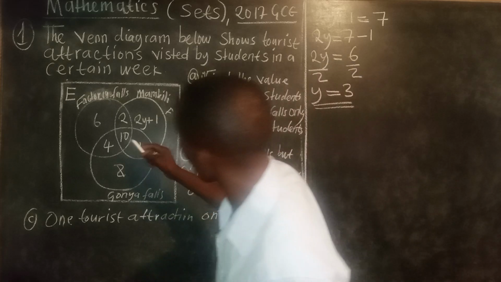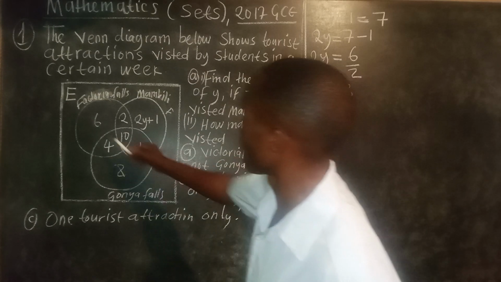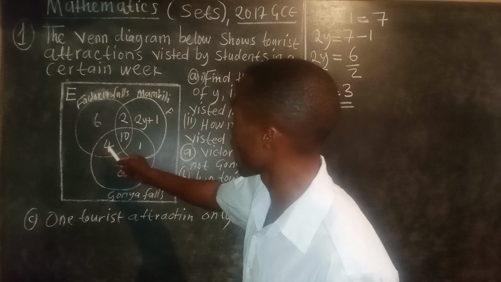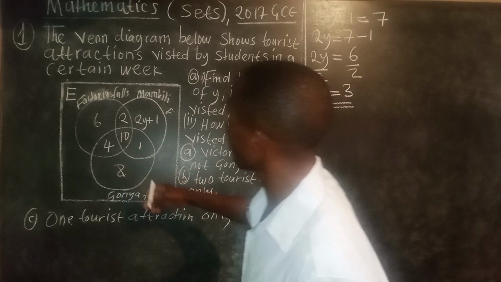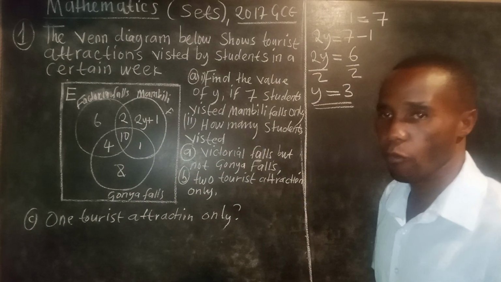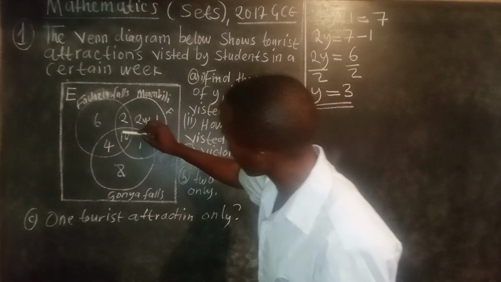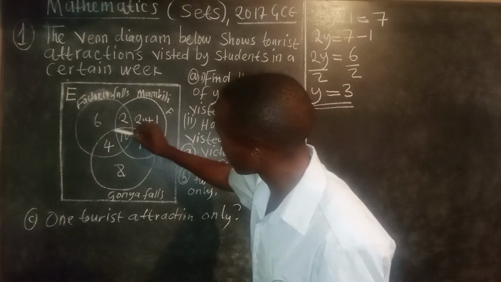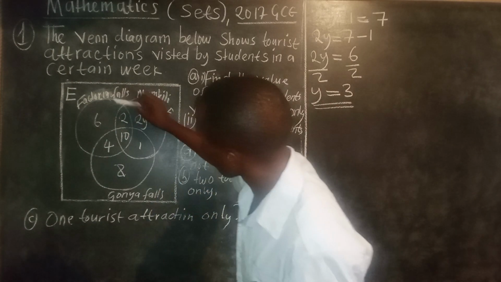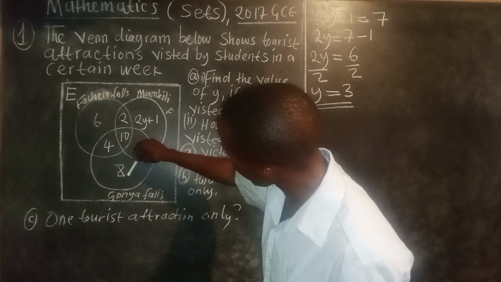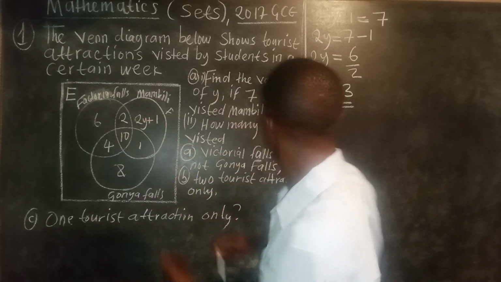In this Victoria Falls set, we have 6 here, we have 4 there, we have 2 there. Then there is a condition where they are saying not Ngonya Falls. When you look at this 10, it is found in Victoria Falls, but it is also in Ngonya Falls, as well as this 4.